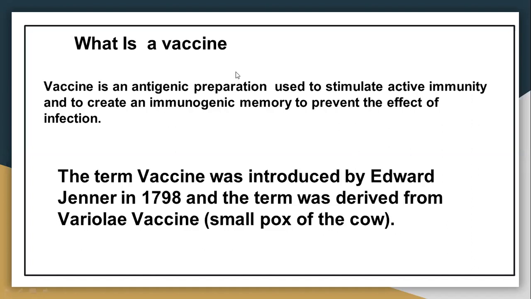Cowpox is less severe; smallpox is more advanced and deadly. Jenner observed that those dairy workers had cowpox, a mild form of pox.